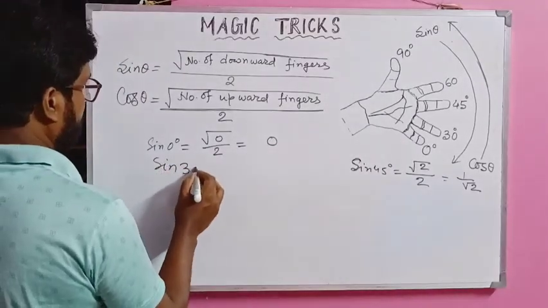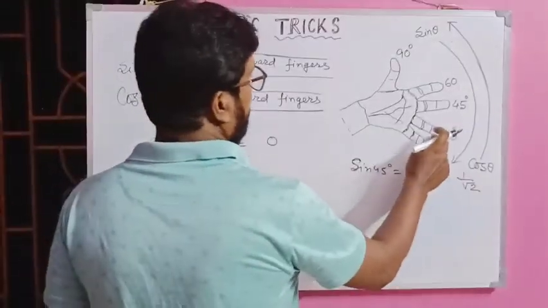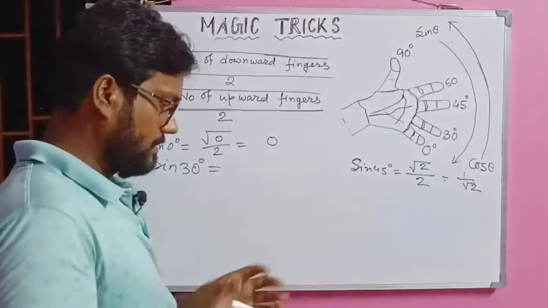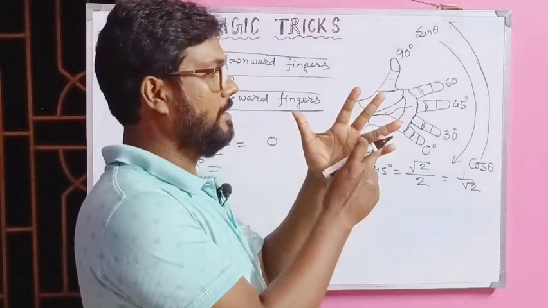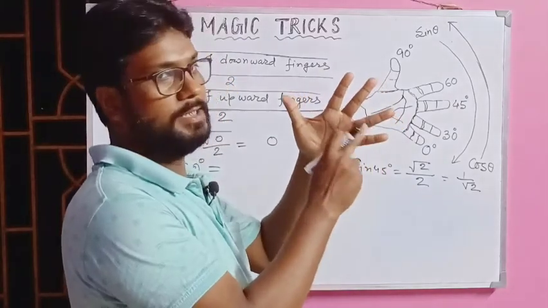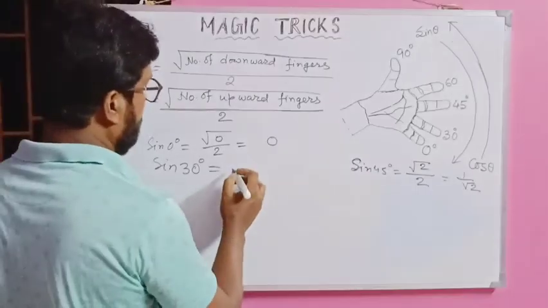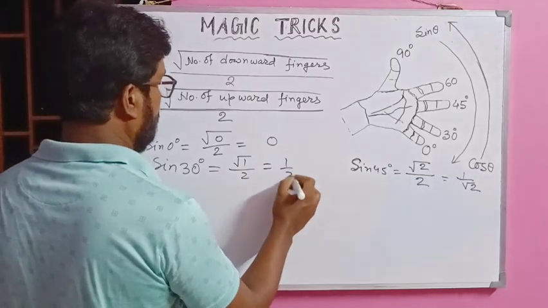Sin 30 degrees equals, this finger indicates the value of 30 degrees, therefore in the downward direction there is one finger, so the value of sin theta will be root 1 by 2, that is 1 by 2.